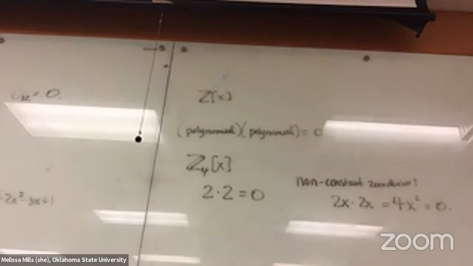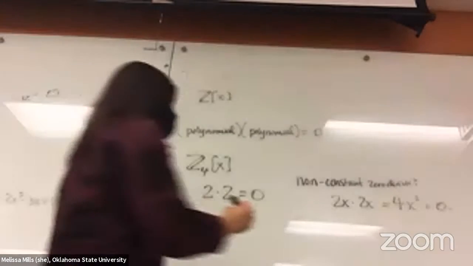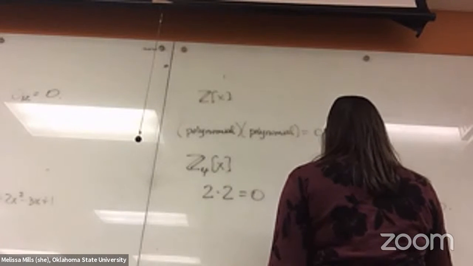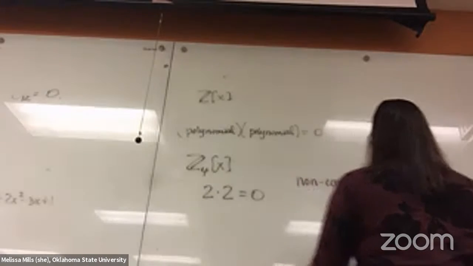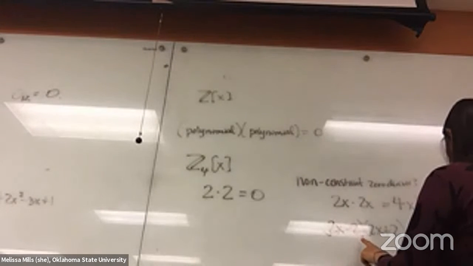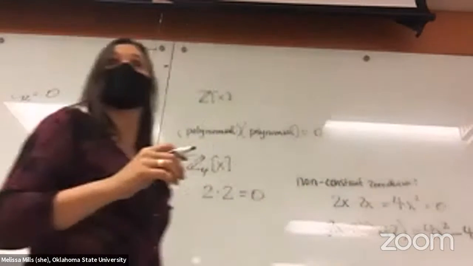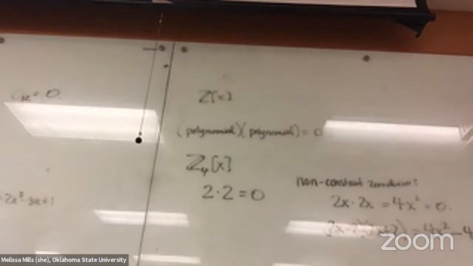Could we have like 2x minus 2 and 2x plus 2? Yeah, and so that's going to give us 4x squared minus 4, which is 0. Yeah, good. So in a ring that has 0 divisors, if we do that ring adjoin X, we're going to have 0 divisors. So what about units?